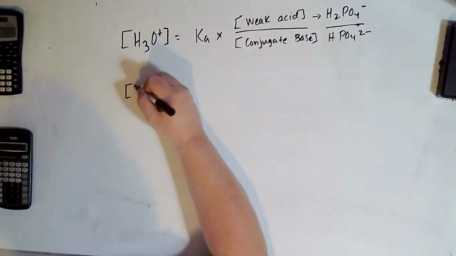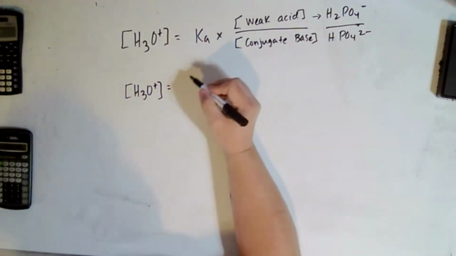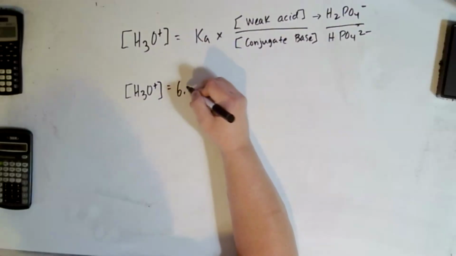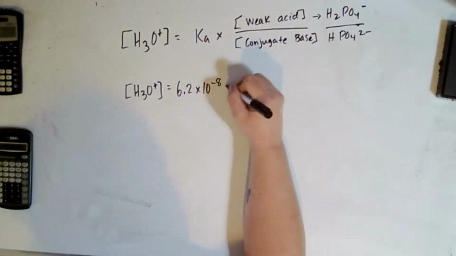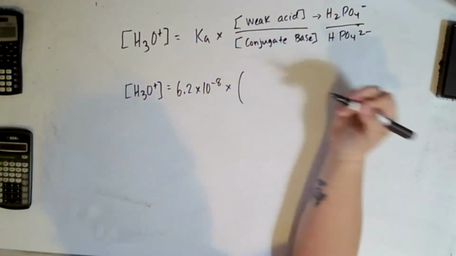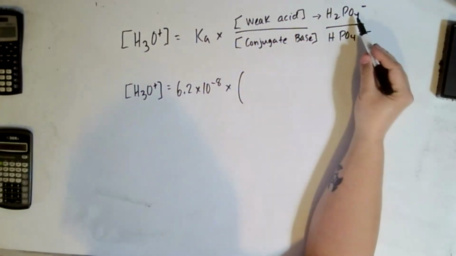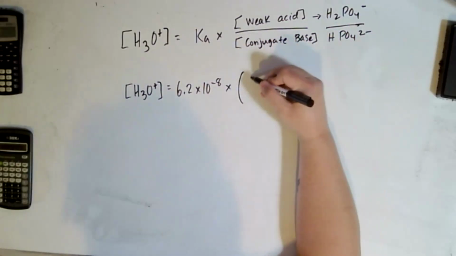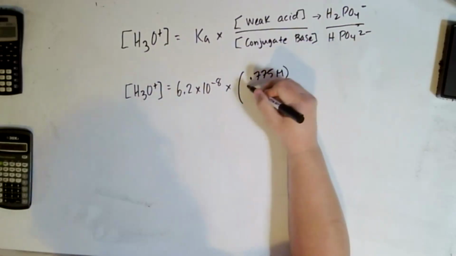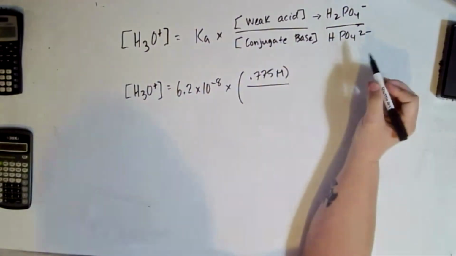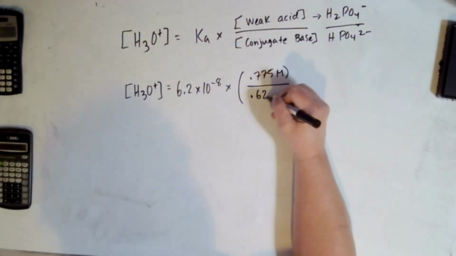So when we plug this in to find our H3O plus, it's going to be Ka, 6.2 times 10 to the negative 8, times, you can put these in parentheses if you want, you don't have to, the concentration of the H2PO4 minus, which is 0.775, divided by the concentration of the HPO4 2 minus, which is 0.625.